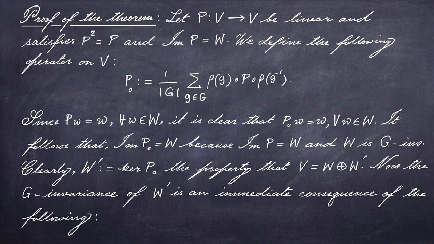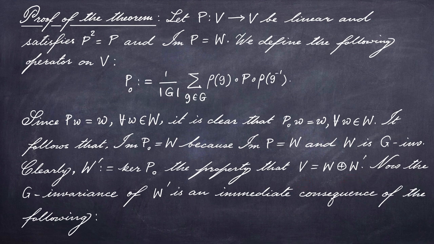So P naught happens to be a projection operator whose image is W. Hence, as we have already said while considering P naught, once this operator is a projection operator whose image is the same W, the kernel of P naught is a complementary subspace of W, that is V equals W plus W prime.